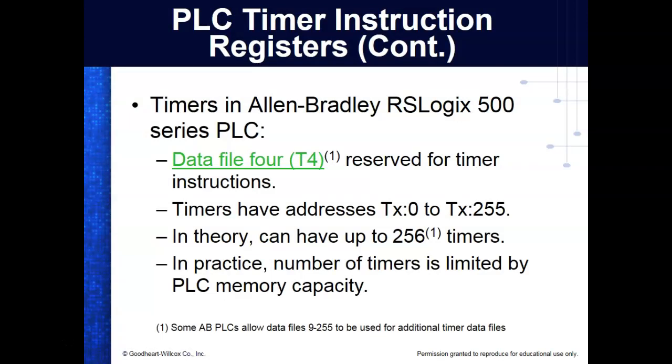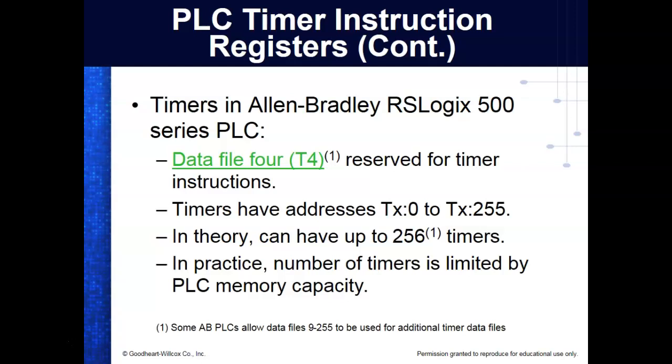So we use T4. That's the address we start off with, right? But in actuality, on this PLC, I can have multiple timers, right? Data files, so I can assign them. By default it is T4, and then I'd put a colon.